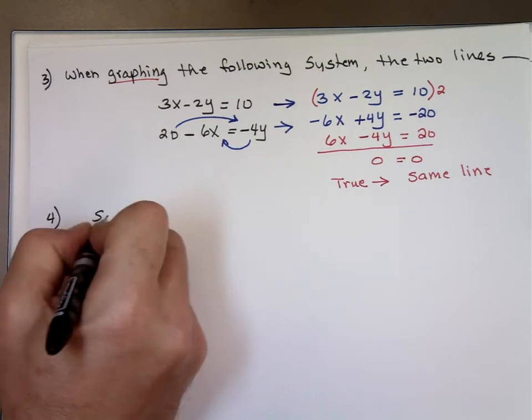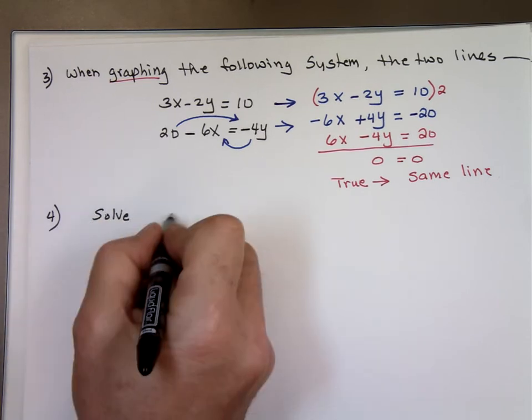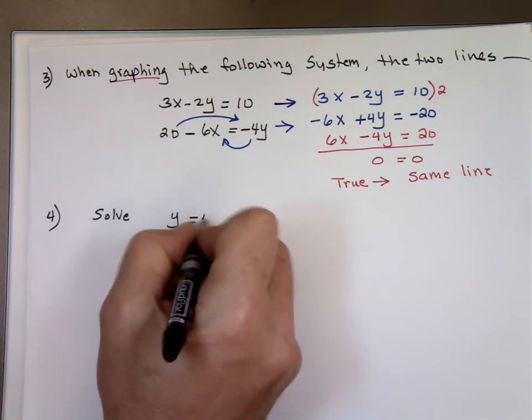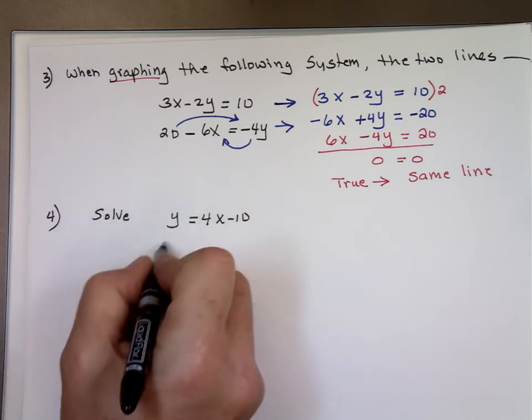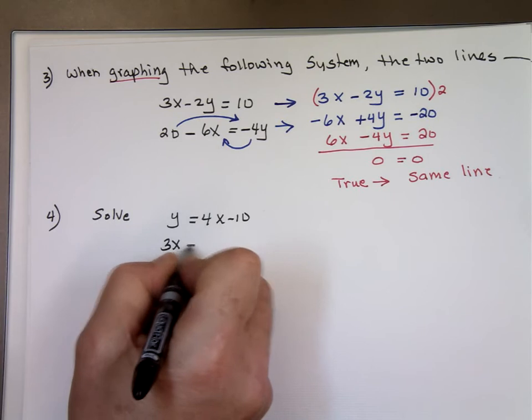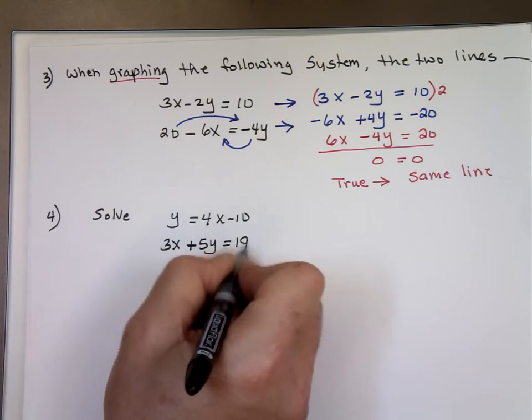Solve. Y equals 4x minus 10 and 3x plus 5y equals 19.